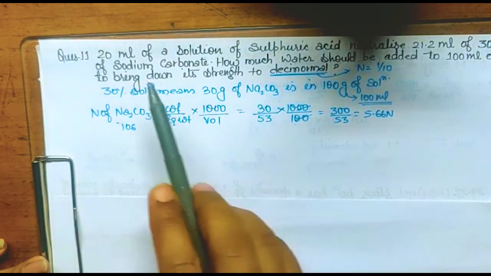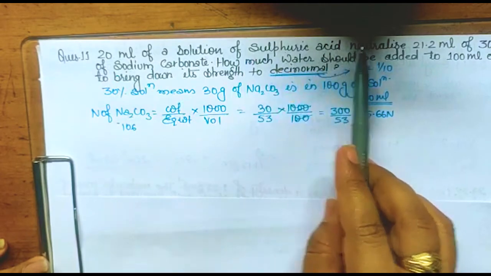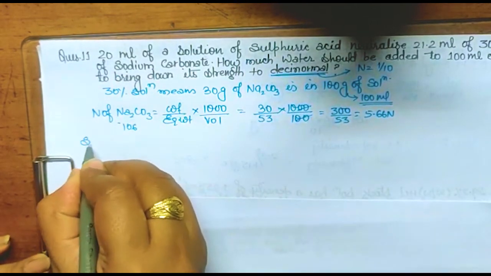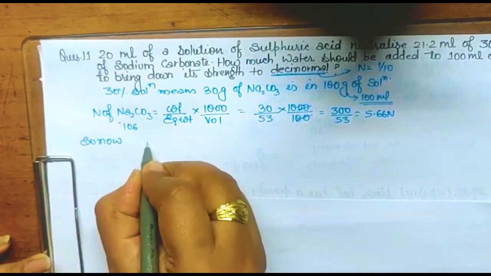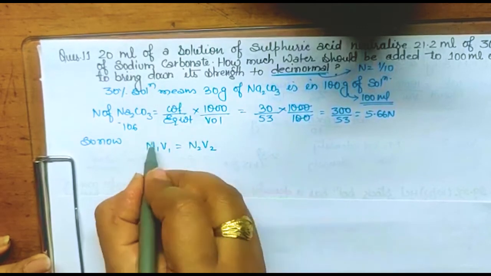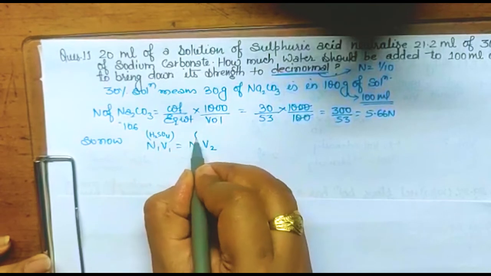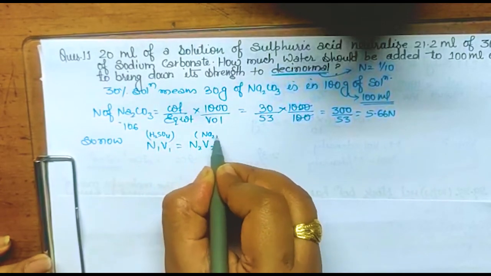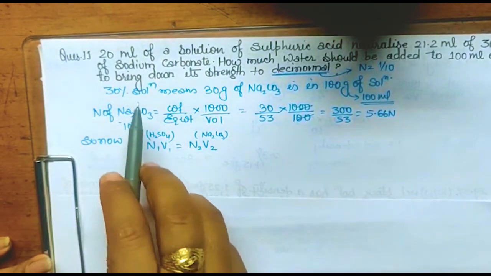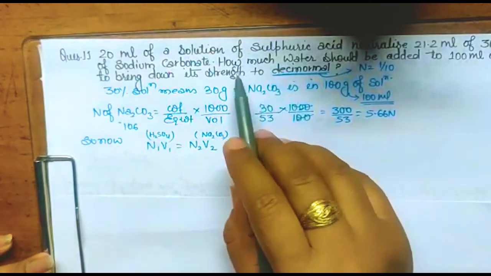Now 20 ml of a solution of sulfuric acid. This sulfuric acid is neutralizing this much. So which formula? Now N1V1 is equal to N2V2. If I am taking this one as H2SO4, for this H2SO4 N1, and this is for sodium carbonate. Any doubt in this? Okay, so we have to find this normality, because what does the next part say?